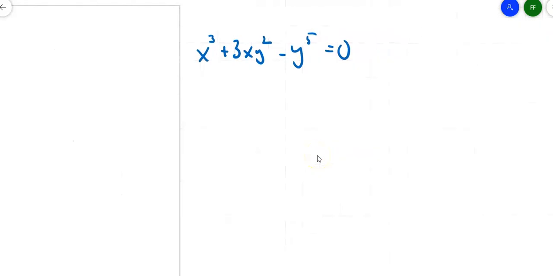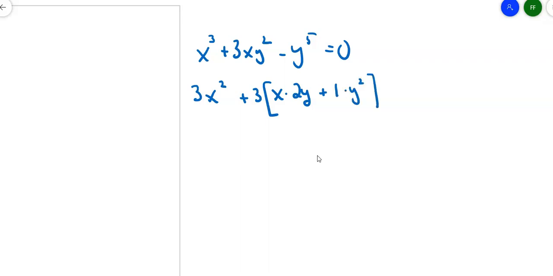We took the derivative of the first term, which gave us a 3x squared. The second term required a product rule. So to derive xy squared, we took the first times the derivative of the second plus the derivative of the first, which was just 1 times the second.